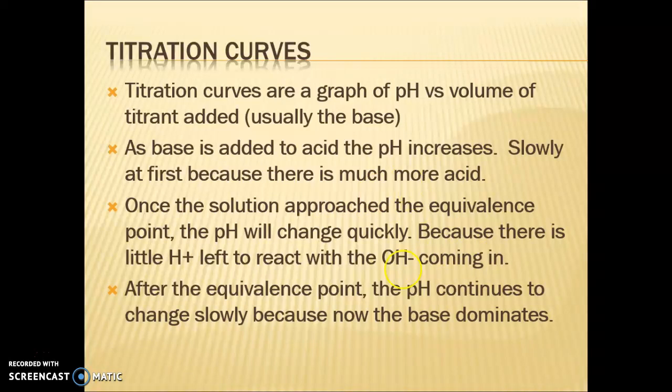But once we start approaching that equivalence point where the H plus and the OH minus equal each other, you're going to see a very big transition in pH, so you see a big vertical line. And then after the equivalence point, pH is going to change once again a little more slowly because all we're adding is H pluses.